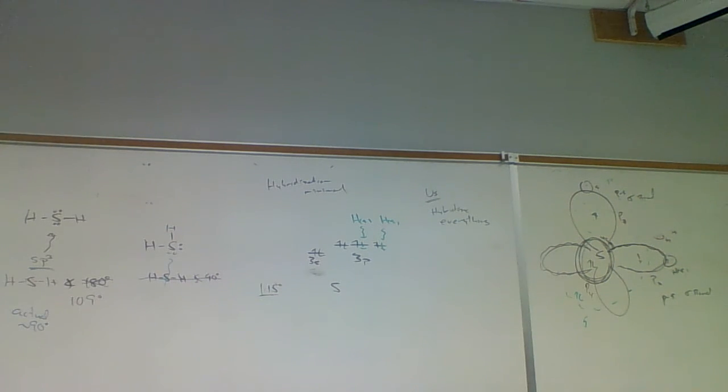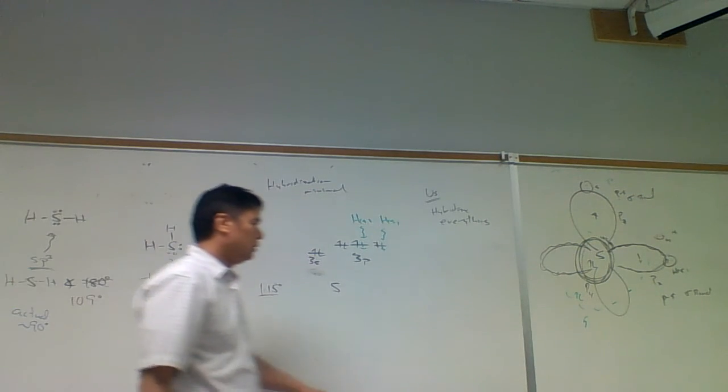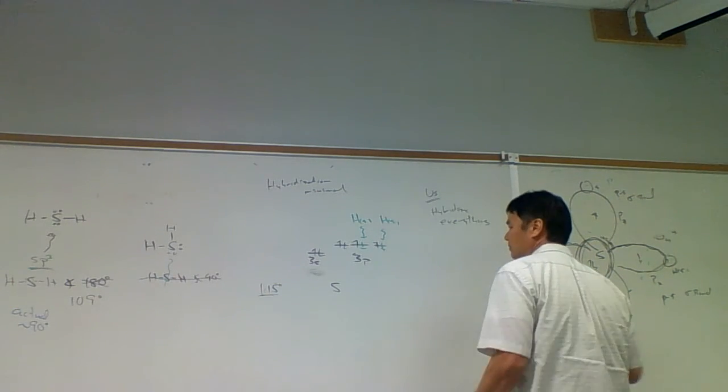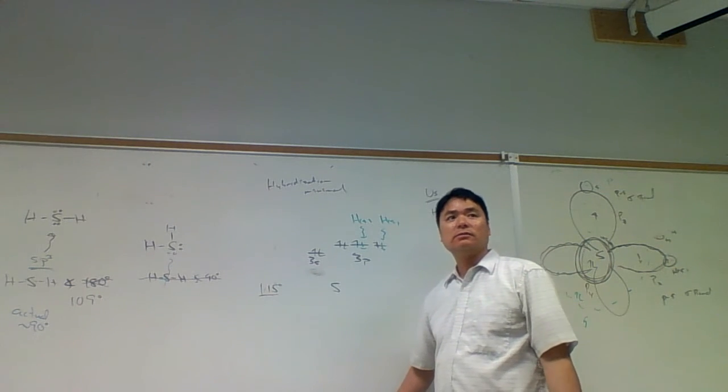We can figure out the percent S character and the percent P character based on that, but we aren't. What we're going to do is hybridize everything. For us, we would have written this just using sp3 hybrid orbitals. This is easy. Which is right? Actually, neither is 100% right, so it's okay.